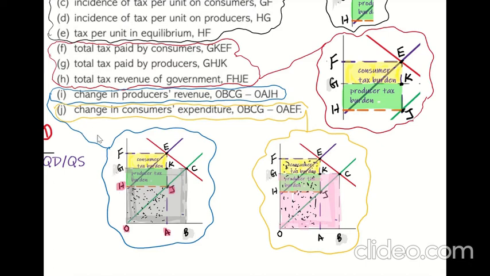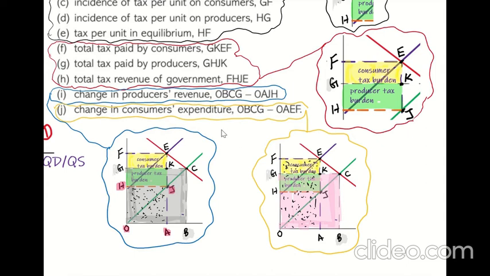Now let's look into the changes in consumer expenditure. When a tax is introduced, it would definitely push up the prices of goods and services. Therefore, the consumers would definitely reduce their expense.